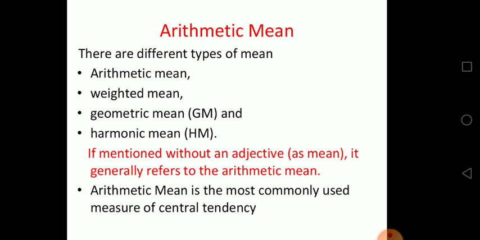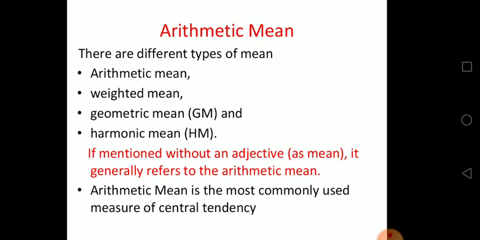Now, we need to talk about arithmetic mean. There are different types of arithmetic mean, which in most cases we call mean. The word arithmetic there is just like an adjective to tell us the type of mean that we are talking about. Of course, there are different types of mean. We have the arithmetic mean, the weighted mean, the geometric mean, and the harmonic mean.